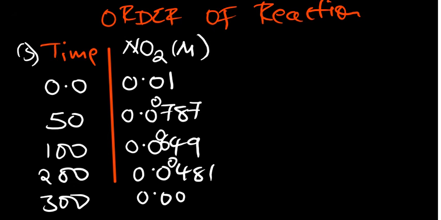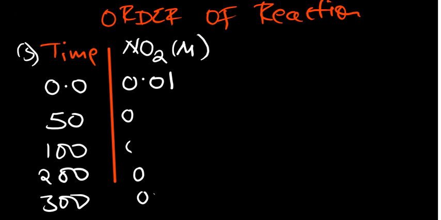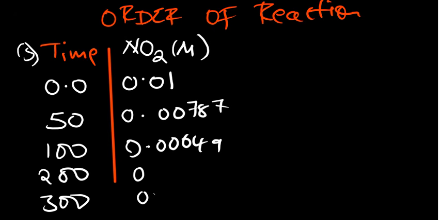For 50 seconds, it's supposed to be 0.0787. For 100 seconds, 0.0649. For 200 seconds, 0.00481. Then for 300, it's supposed to be 0.038. So these are the concentrations after a certain period of time.